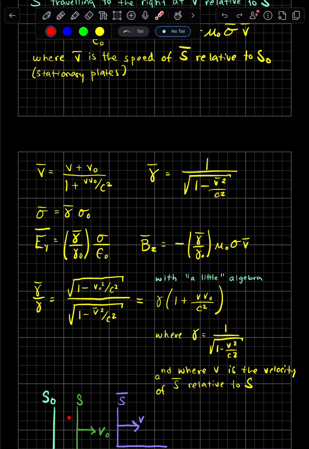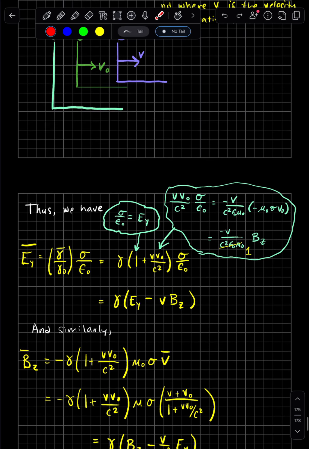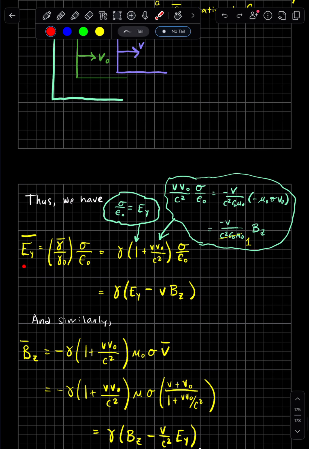So if you know this velocity and this velocity, you just plug them into this formula. And of course, this gamma depends only on this velocity here, the velocity of S bar relative to S. Okay, so we now have a formula that we can substitute into these two equations for the E and the B field. And now let's do it.